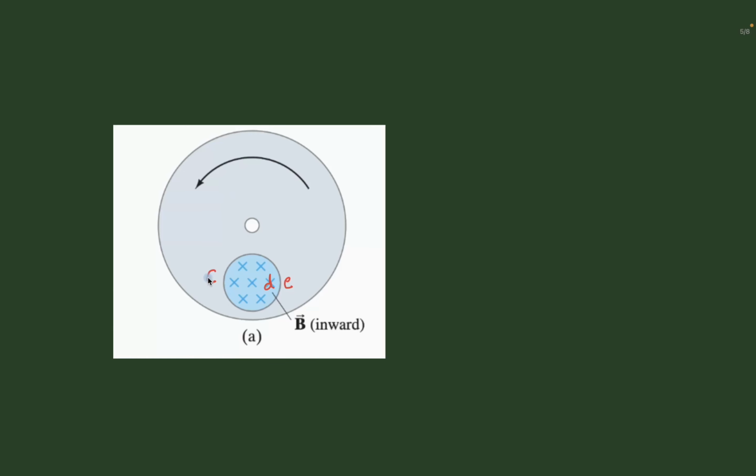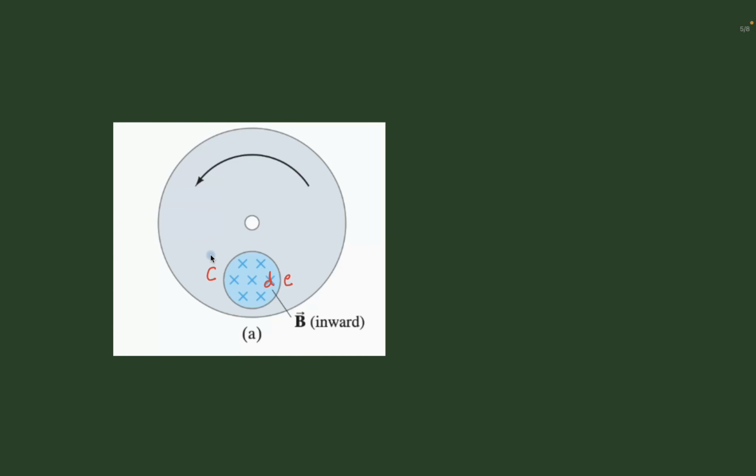So now the induced current will be generated in such a way that, because in this region I have the magnetic field going into the page, I need some current that will generate the magnetic field coming out of the page.